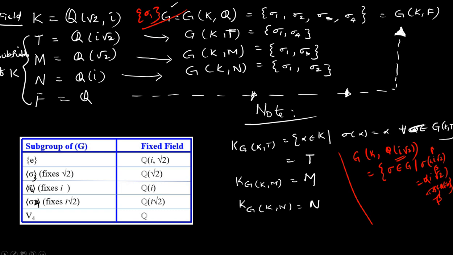As for the rest, sigma 3 fixes root 2, sigma 2 fixes i, and sigma 4 fixes i root 2. So the corresponding fields will be Q of root 2, Q of i root 2, and for V4 it is this. So this is how we give the correspondence between the subgroups and the fixed fields. Rather, when we prove it, from here to there only we will be going.